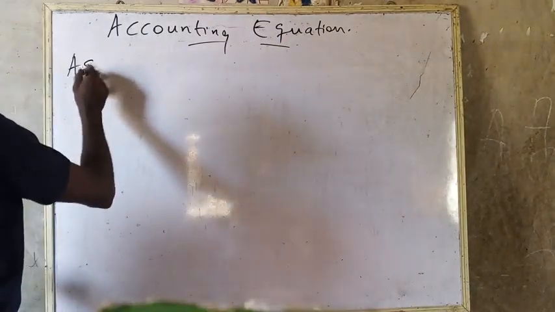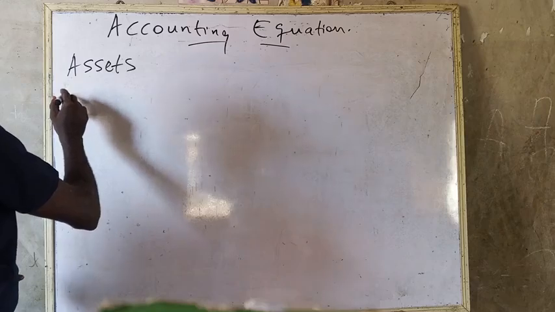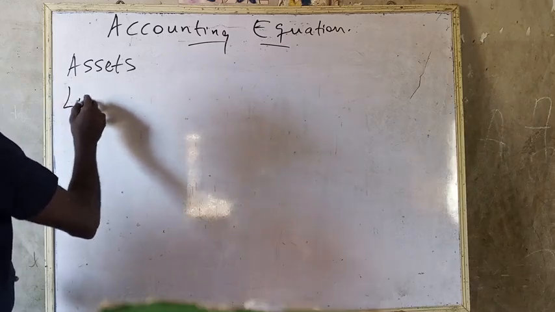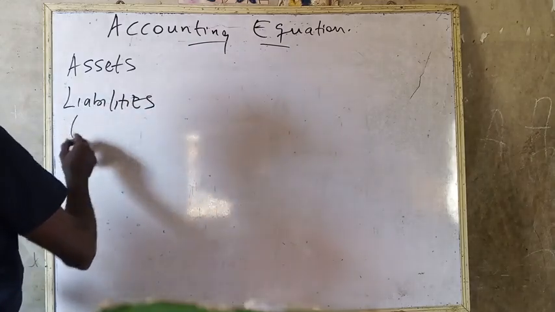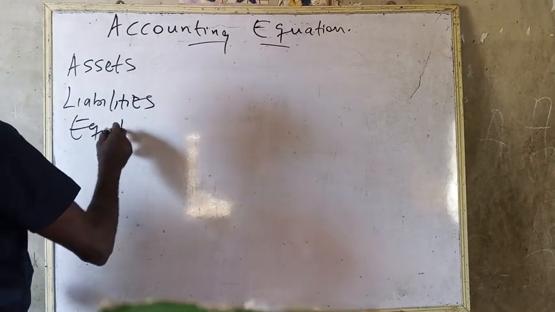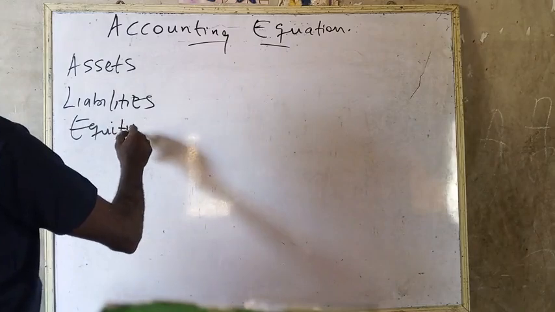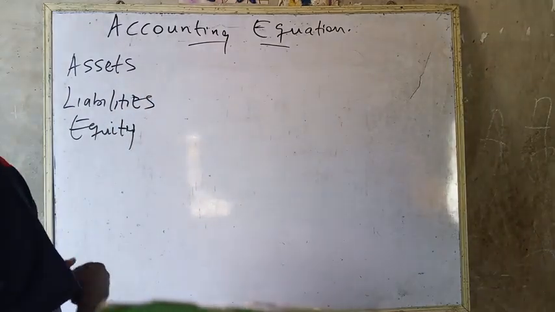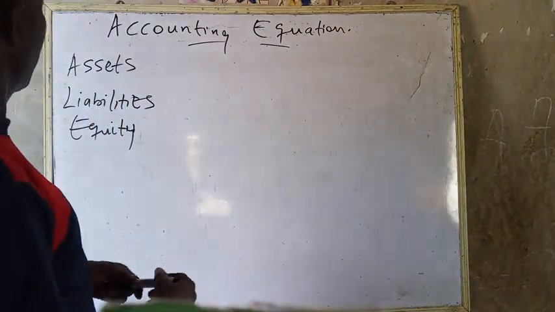There are what? Assets, liabilities, and equity.